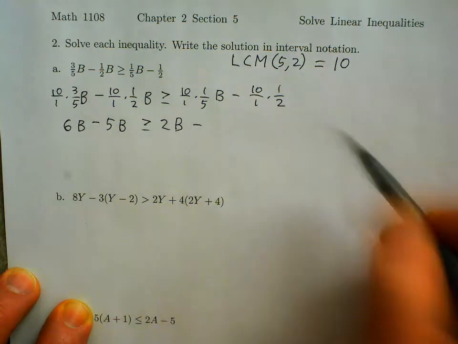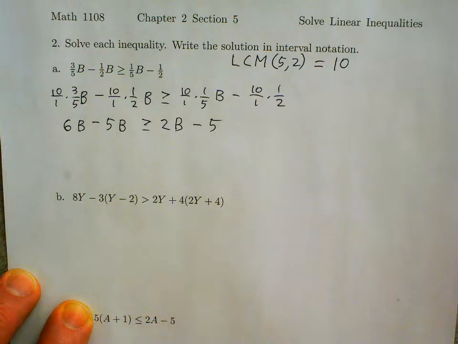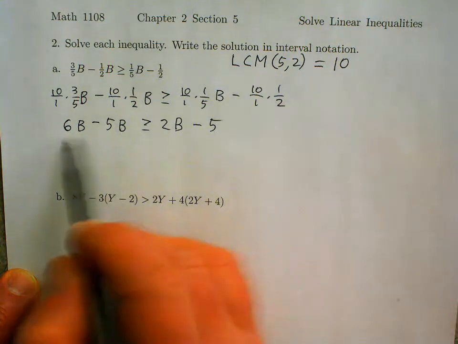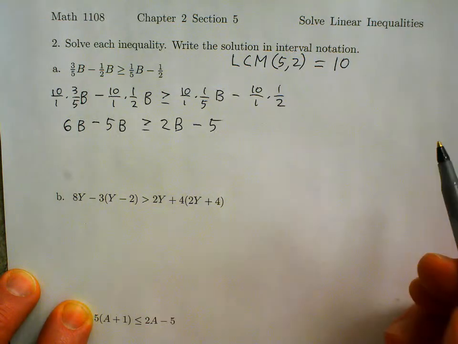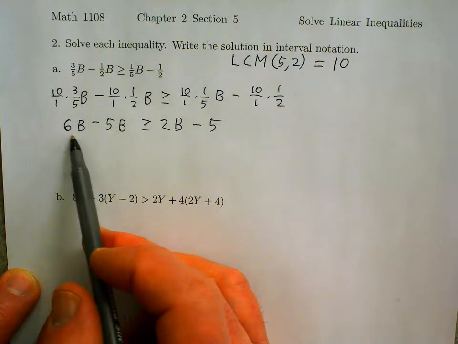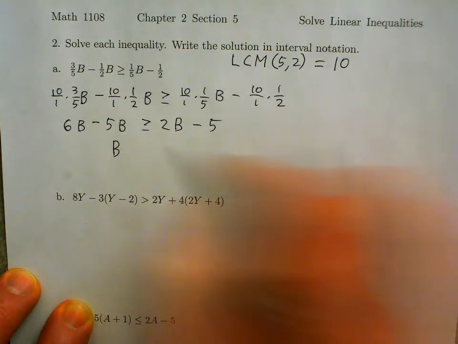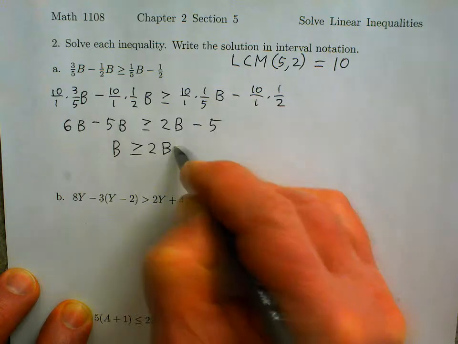And then minus 10 over 1 times 1/2 is minus 5. So at least to me, I don't know about you, but this looks much easier than what we started with. 6b minus 5b is 1b, or just b. b is greater than or equal to 2b minus 5.